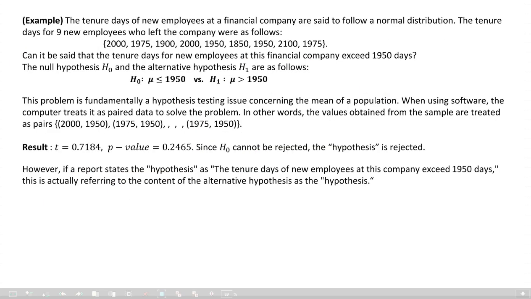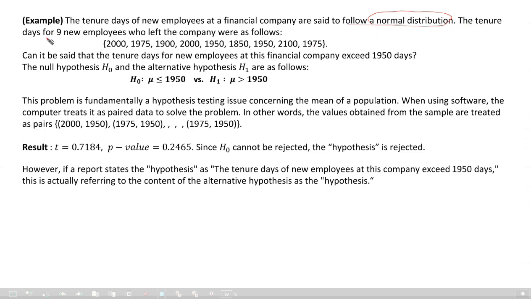Let's see an example. It is a one population problem, but when using a computer, you treat a one population problem as a paired data problem. Tenure days of new employees at a financial company are said to follow a normal distribution. This assumption is needed due to the small sample, 9 samples.